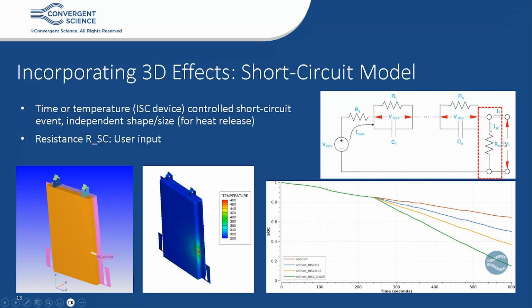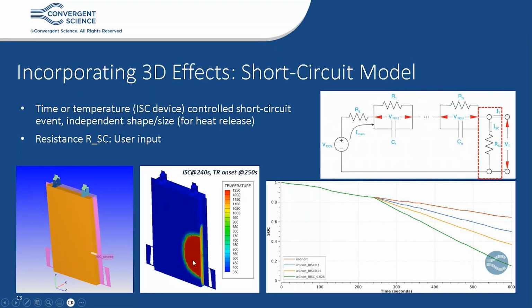The heat release associated with short circuit, which is the short circuit current squared times the resistance of the short circuit, is released only around a local volume, shown here around the cylindrical volume, which can represent a nail penetration event. So now you get local 3D effects you are able to capture. You have a local temperature rise due to internal short circuit, and you can use this model to trigger thermal runaway mechanisms, which we will discuss shortly.